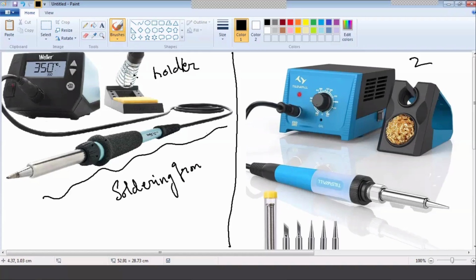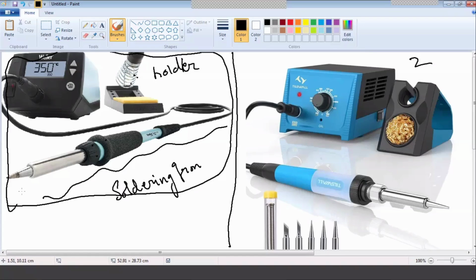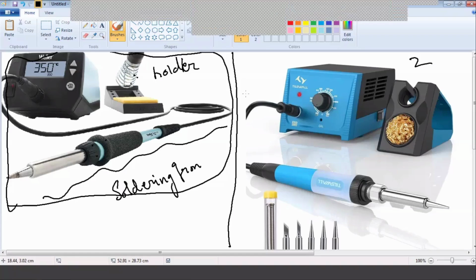It provides the regulated temperature. So this whole setup is known as a soldering station, right? Understood, students? Yes, ma'am.